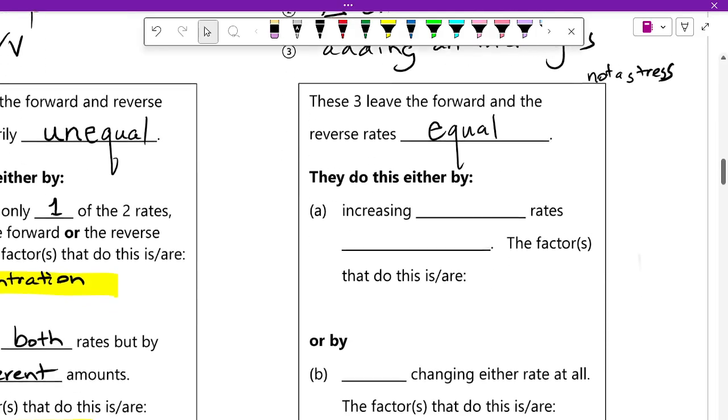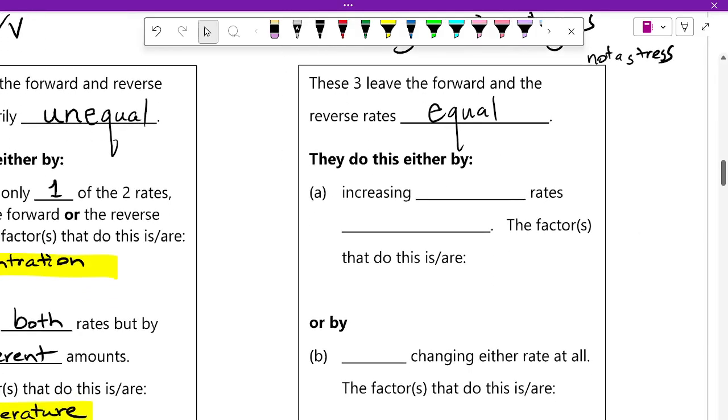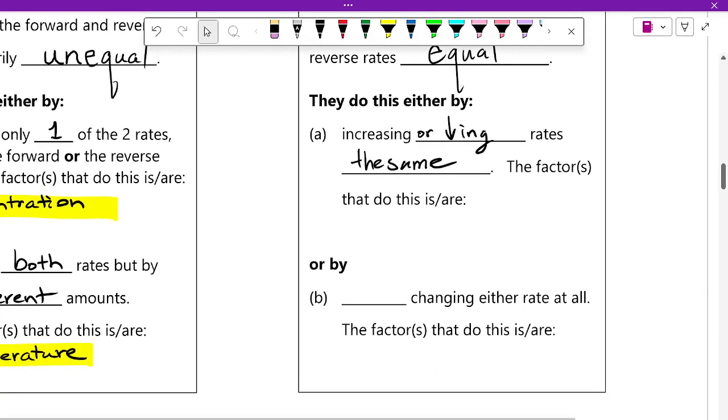They either do this by increasing or decreasing rates the same. I guess I should have left room for amount because that would be better grammar, but we'll let it be. The factors that do this are surface area and catalyst.